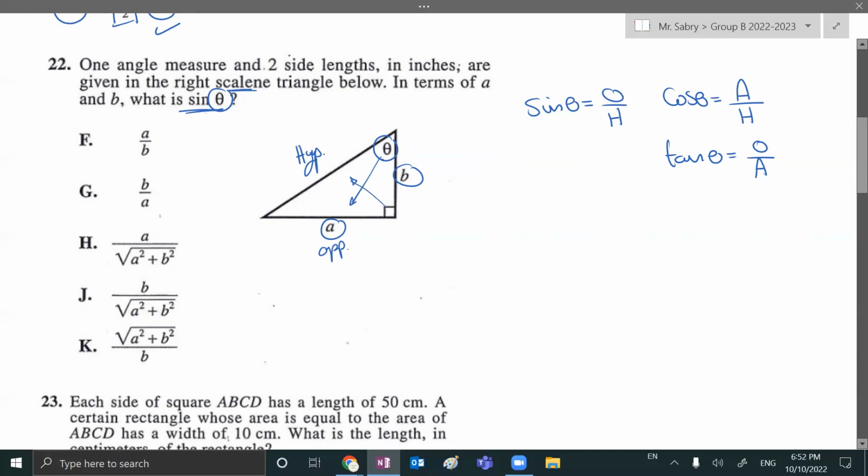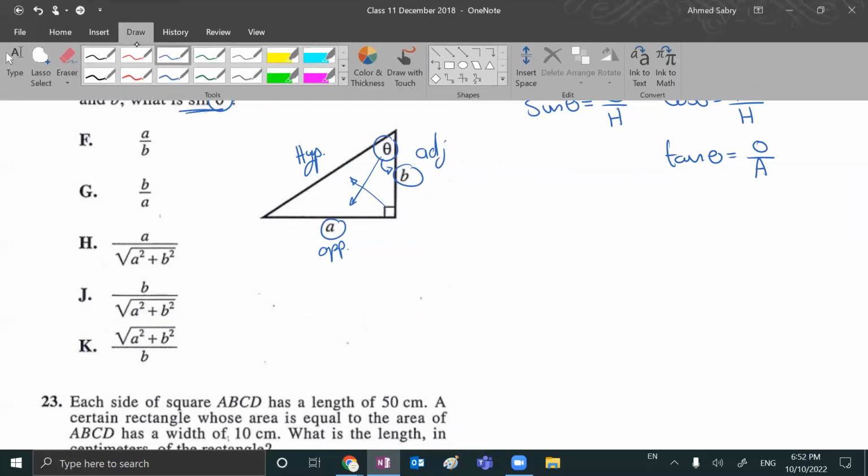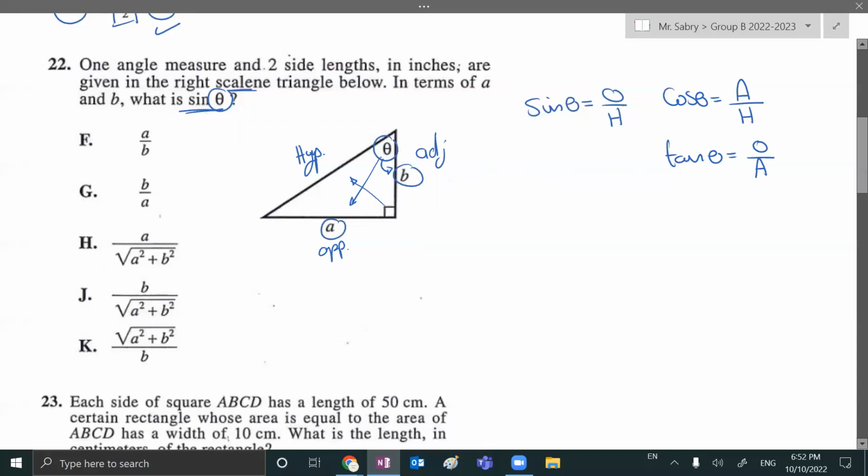While the one next to the angle, that's what we call the adjacent. The adjacent and the opposite would change if we decided to talk about another angle. For example, if we're talking about this angle here, then this would be the opposite, and that would be the adjacent. But the hypotenuse never changes its position. It's the side in front of the 90 always.